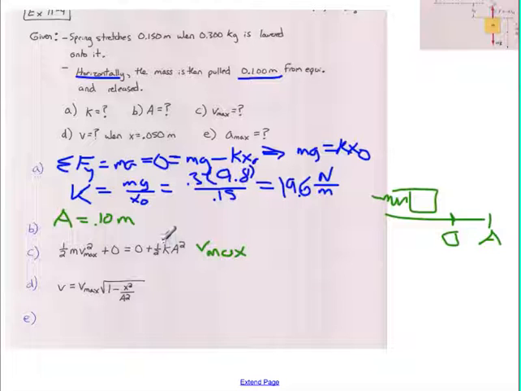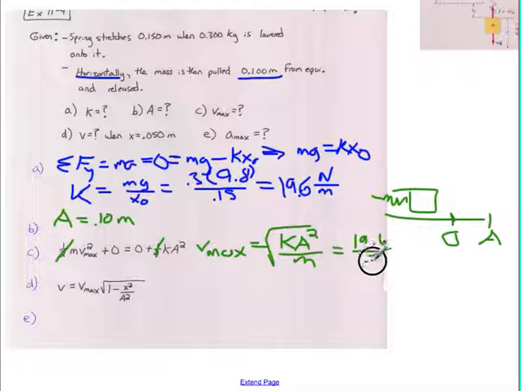First I'd cancel those halves, and then I'd say Vmax is the square root of K a squared divided by m. So I guess the square root of a squared is just a. So that's going to be the k that we found from before, 19.6 over m.